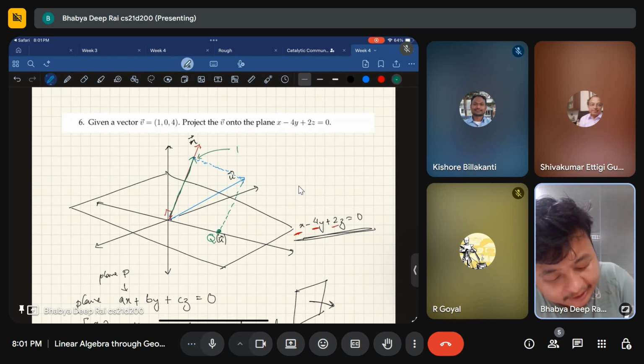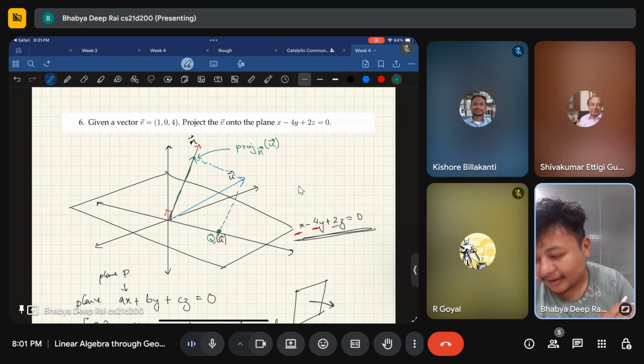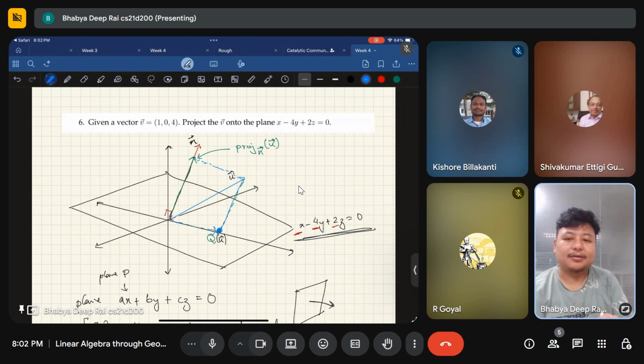The green part is the projection of u onto the normal of the plane, n. Projection of the point u onto the normal n. Then all I need to do is move these steps back, and then get this point. That's what I need to do.